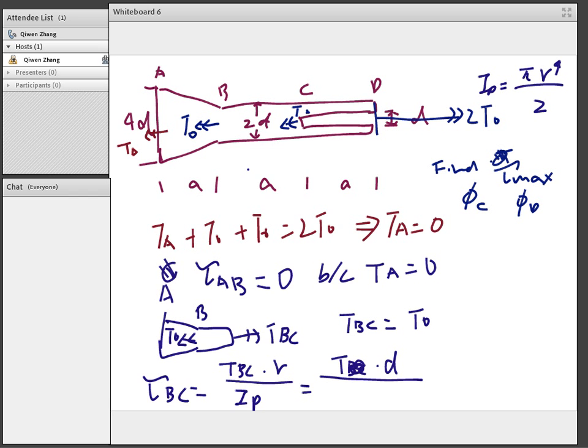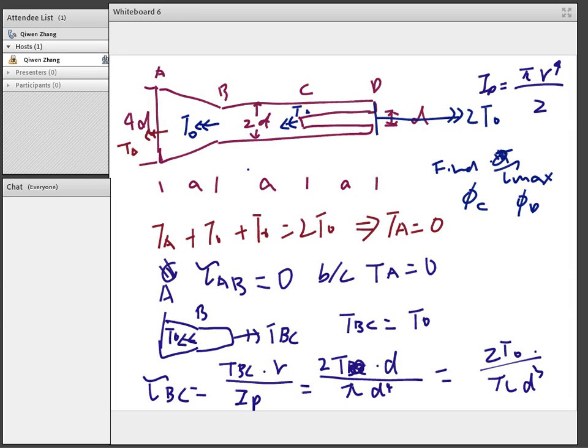In this case r is D, so IP is pi d to the 4th divided by 2, which is just multiplied by 2. So the final answer we have is 2T0 over pi d cubed. That's the shear stress for the rod segment B and C.